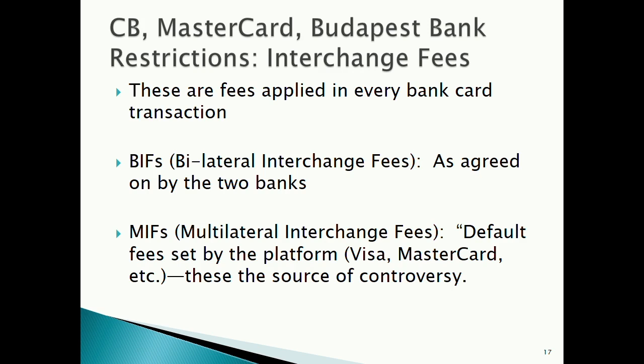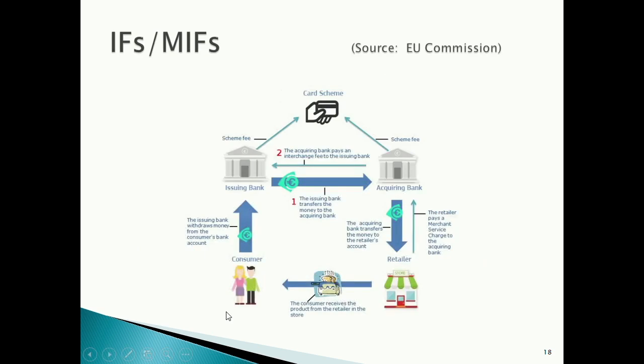So that's important, these fees for the working of the system. Now, how do these things work? Here's a nice diagram of a card scheme, listing the interchange fee. The consumer goes to the retailer and receives the goods, using their card.